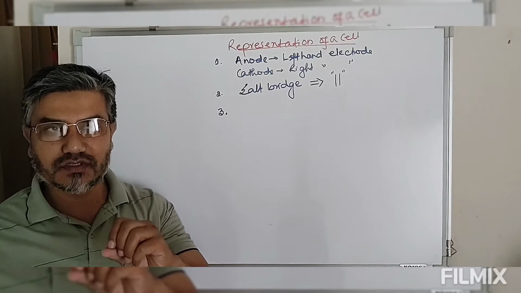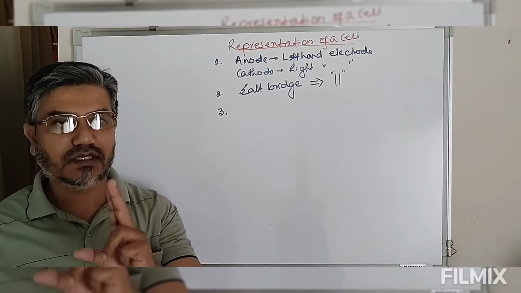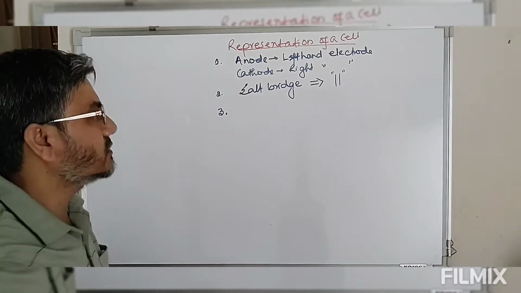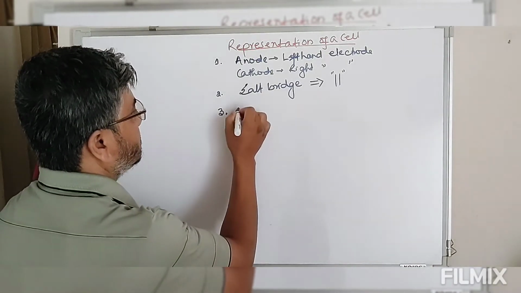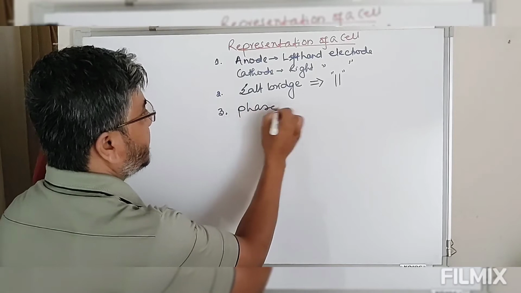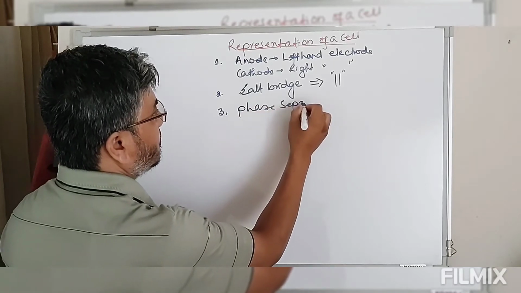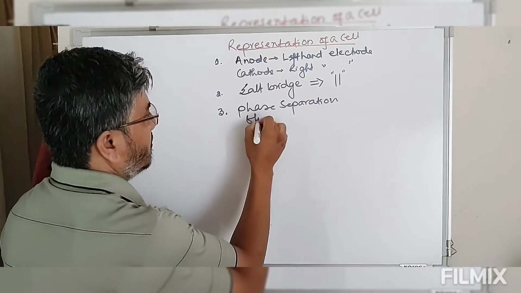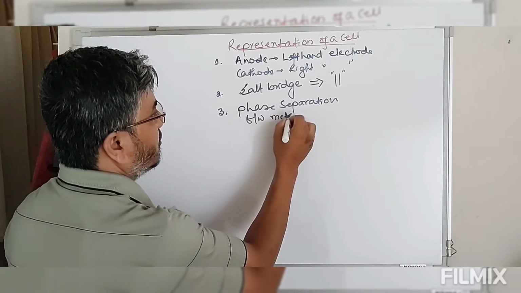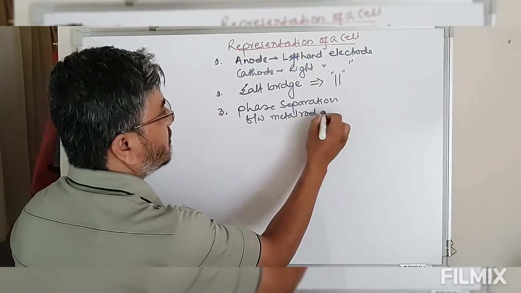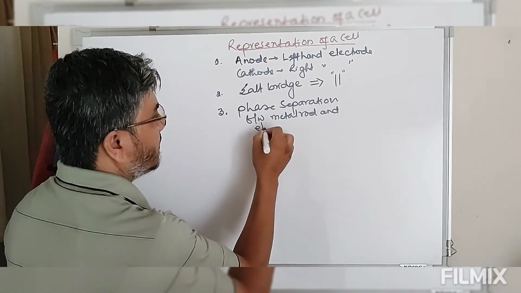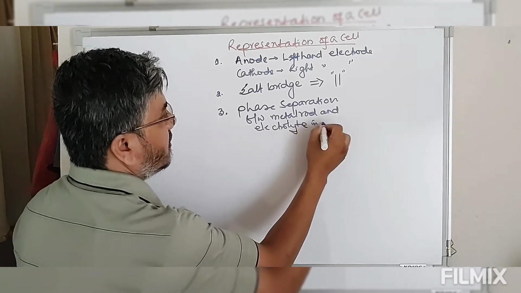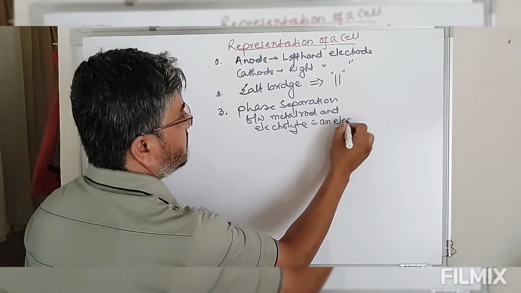There is a phase boundary between solid and solution, a phase separation between metal rod and electrolyte in an electrode.